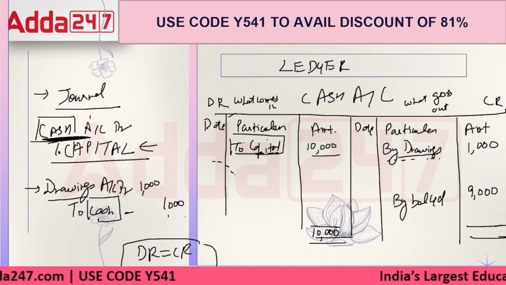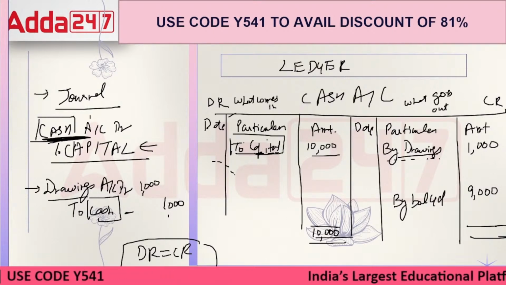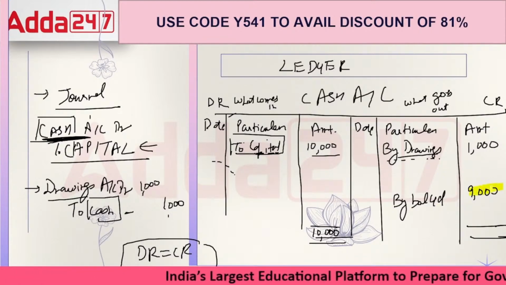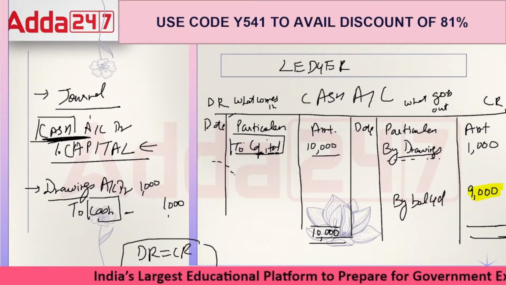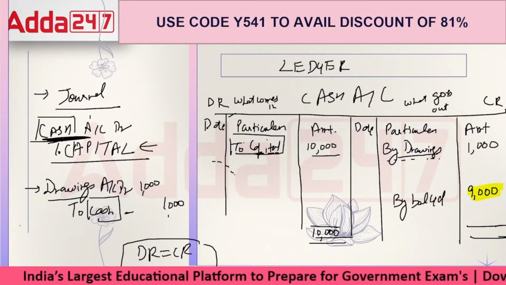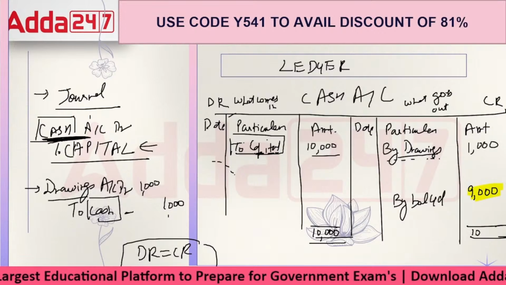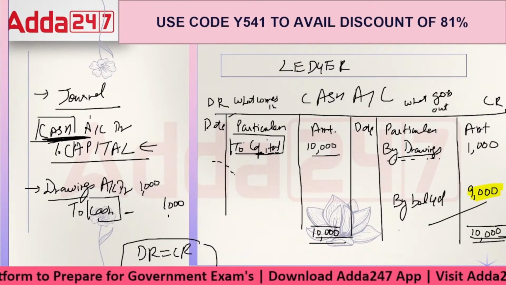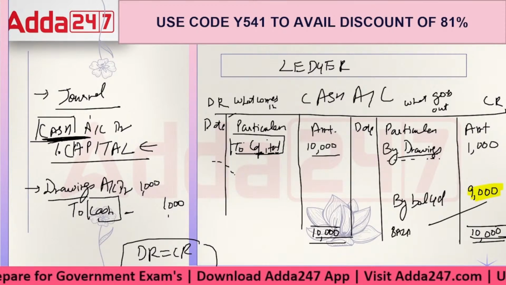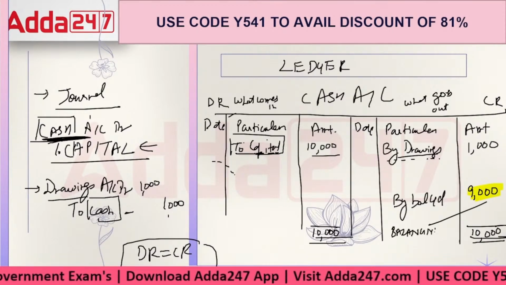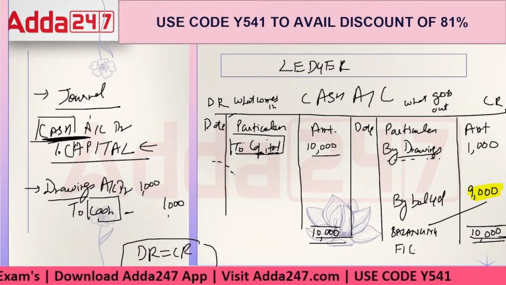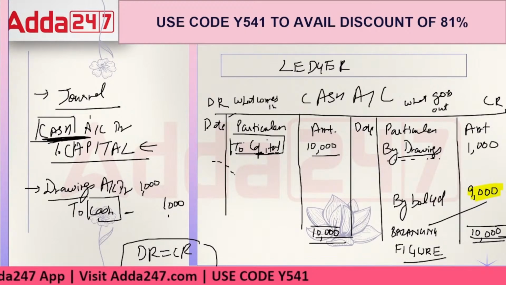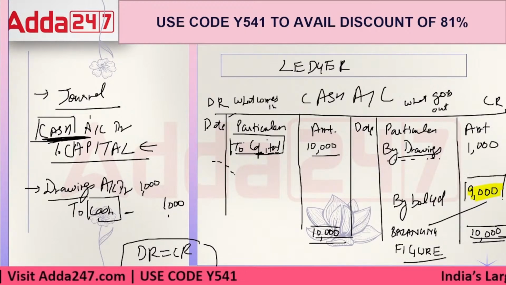So the process of finding a balancing figure gives the implication that if this is 10,000, this is also 10,000. So this was the balancing figure, and it would be stated here.